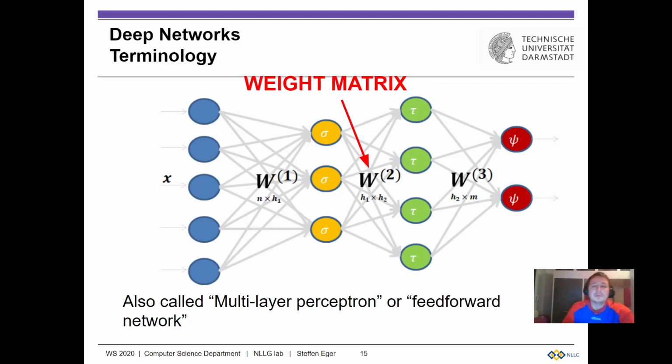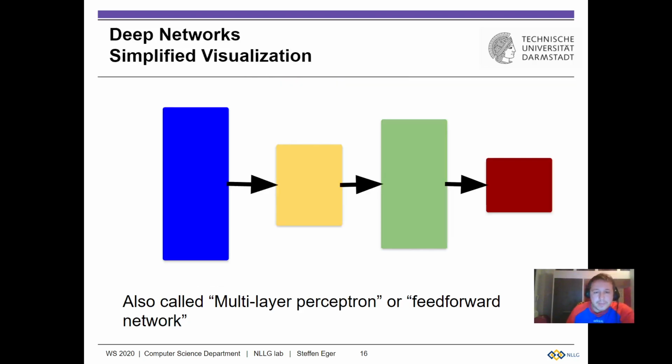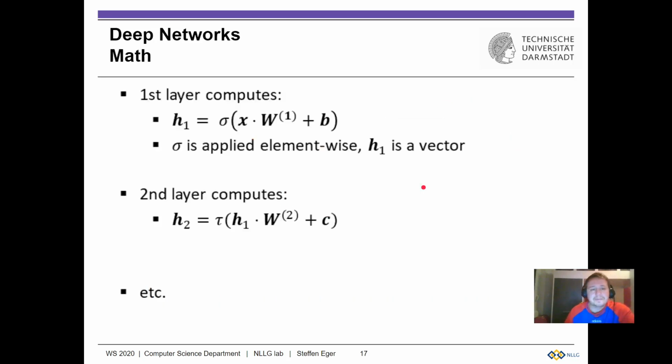And then this thing in the middle, that's what we would call a weight matrix. And oftentimes the individual nodes are not depicted. So if you read a paper, for example, they would only show you this layer-wise notation, right? This is what you would typically see in a paper. And again, going a little bit into math. If you like this brain-inspired picture that I've shown you, then you can go with the brain-inspired picture.